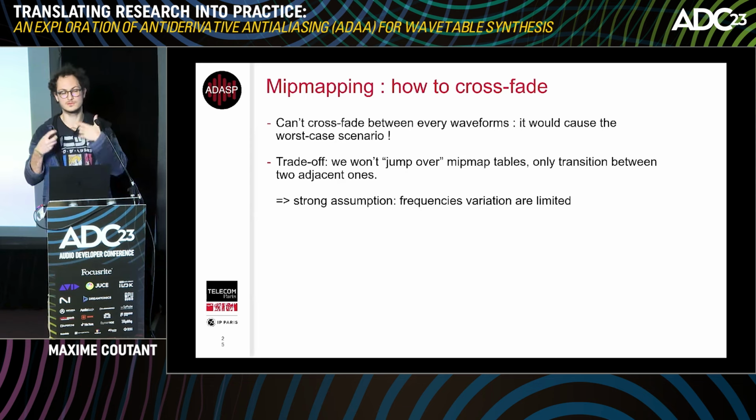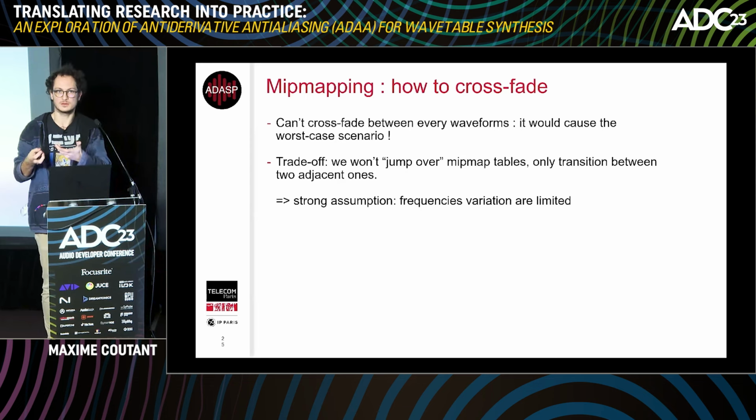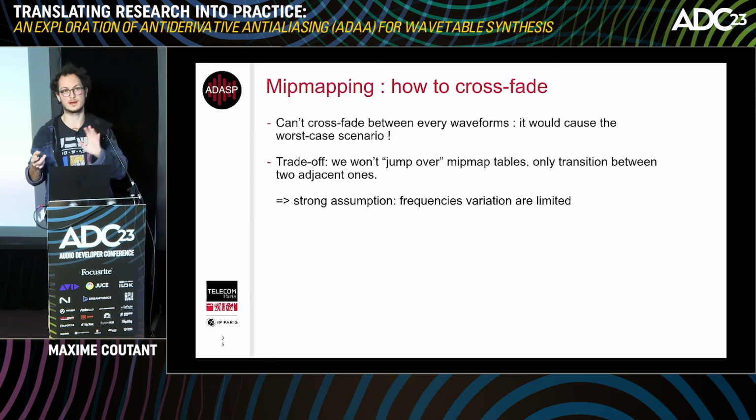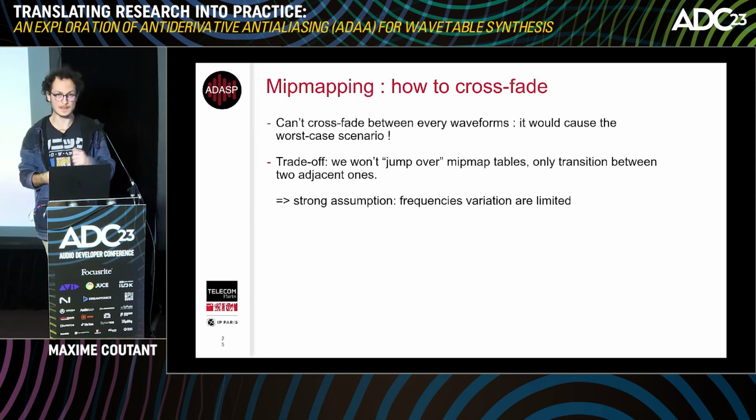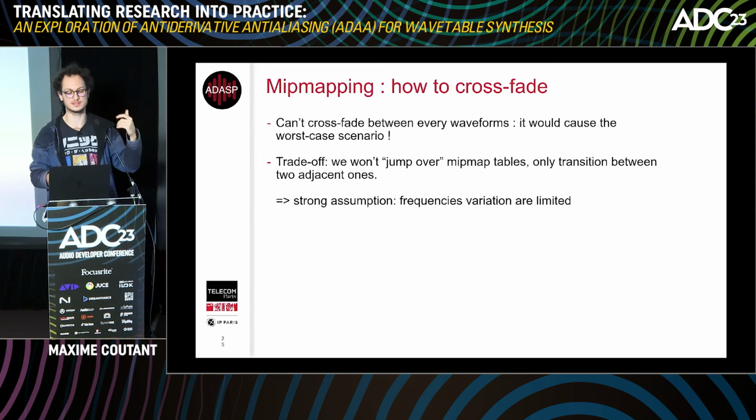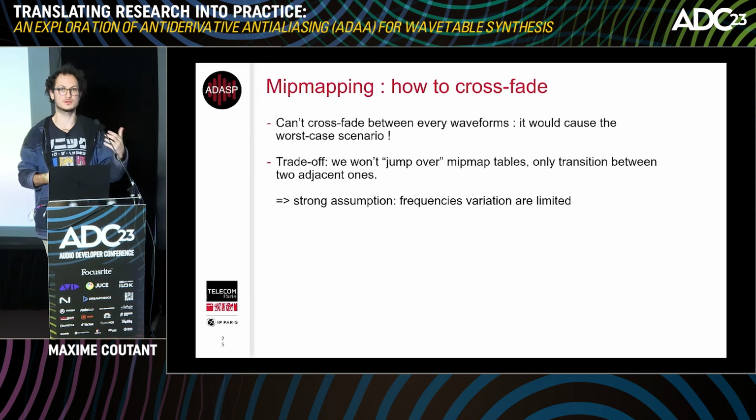So you have to choose what you're going to support. In my case, the trade-off I picked was I don't allow jumps over MIP map tables. I only allow transitions between adjacent octaves in the frequency range. This is kind of a strong assumption, because it means the frequency variation of the algorithm is limited by the computational cost of it.